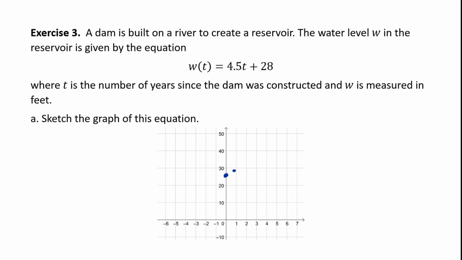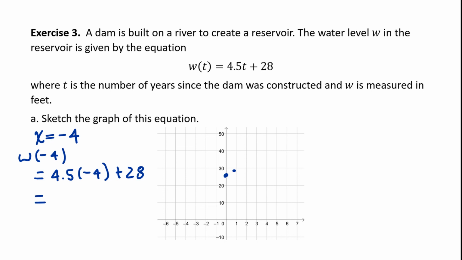Or you could, and I would, select a different x input value and evaluate it in the equation. I decided to choose x equals negative 4. Then in the equation, W of negative 4 is equal to 4.5 times negative 4 plus 28. 4.5 times negative 4 is negative 18 plus 28, which gives us a nice whole number of 10.